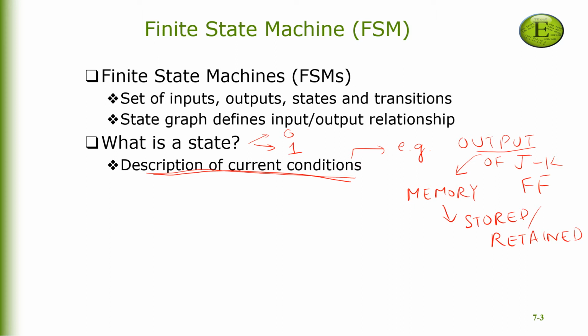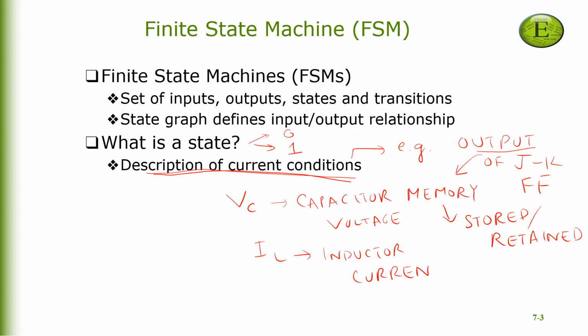However, remember that state is not only specific to the digital system, and you can find examples of the state describing the analog system, such as the voltage across the capacitor, VC, that's capacitor voltage, is an analog quantity because the capacitor can store charge in terms of voltage. Likewise, the inductor current is also an example of a state, although it's not a digital state, it's an analog state, because inductor stores magnetic field that is proportional to the current.